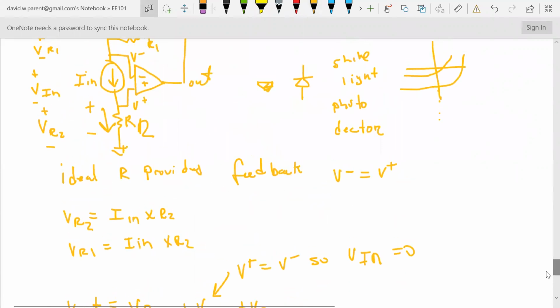And so this current source, right, which is from a photodetector bouncing light, right? So if I have a flashlight and I'm getting closer to something, this circuit is converting that current from that flashlight into the output voltage, right?